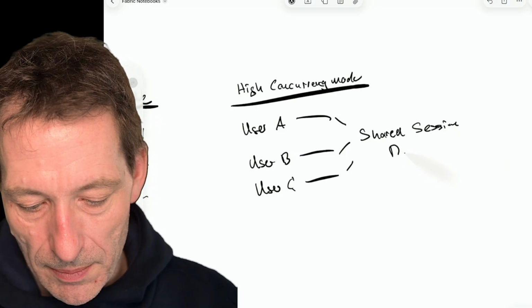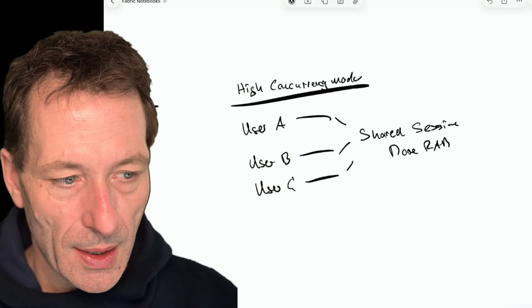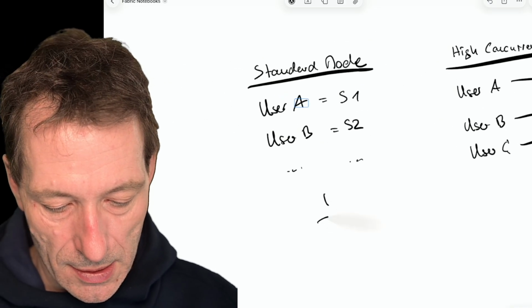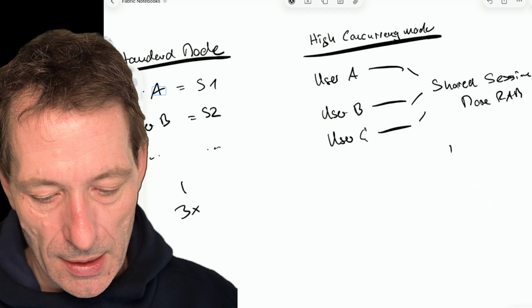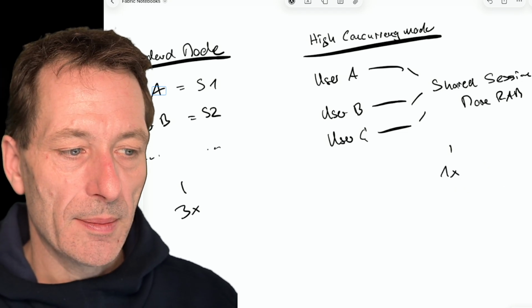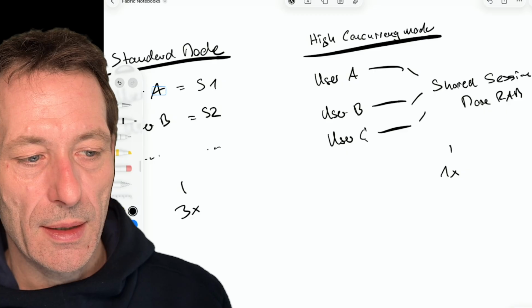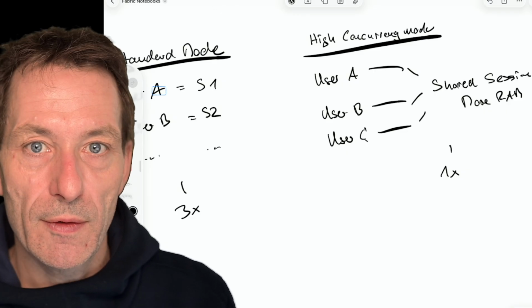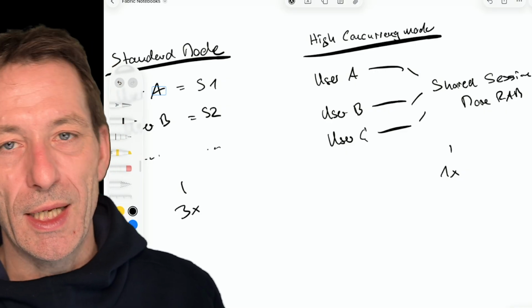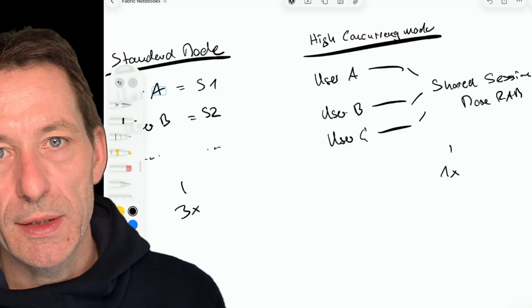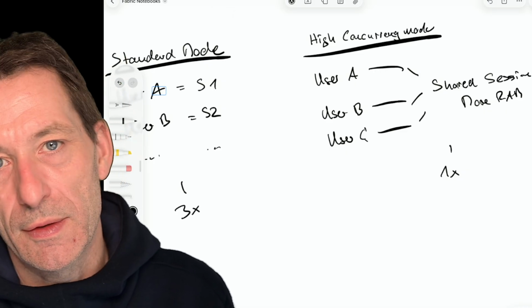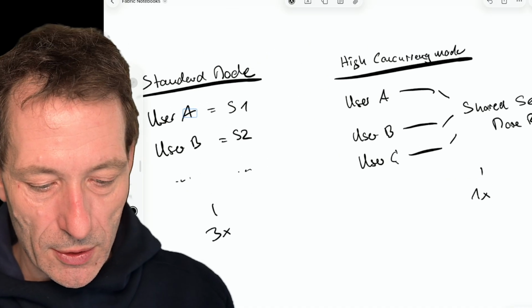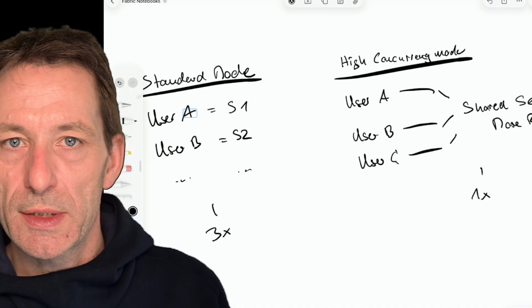Of course, you need more RAM, but you will end up with lower costs. So this cost is like 3 times, and this cost is like 1 time, right? The trade-off then is, if one user consumes the resources, then the other ones will be affected. And you're working in a shared environment, so when you have some very sensitive data, that might be something that you want to prohibit. But you will bring down the costs with the high concurrency mode because essentially you use a shared environment.